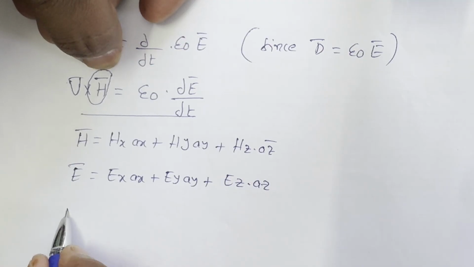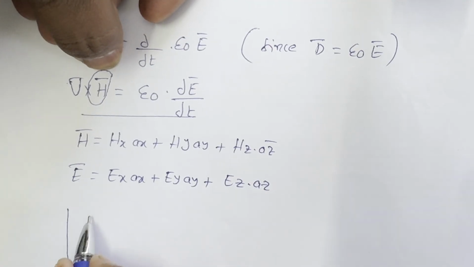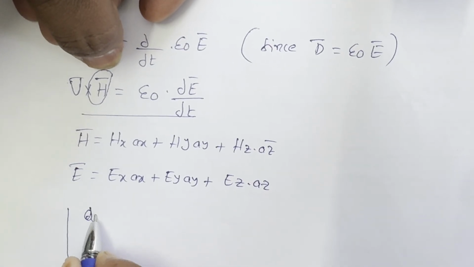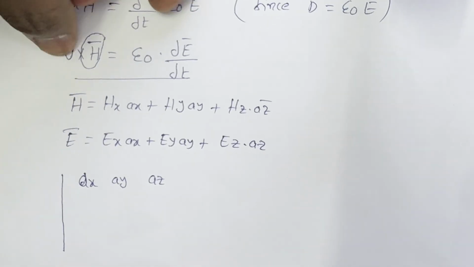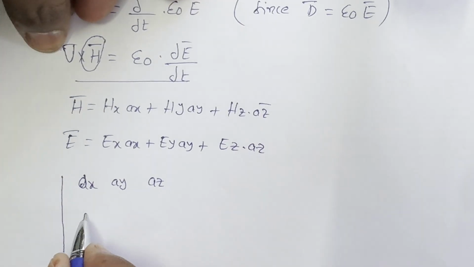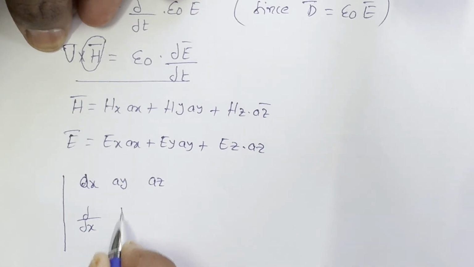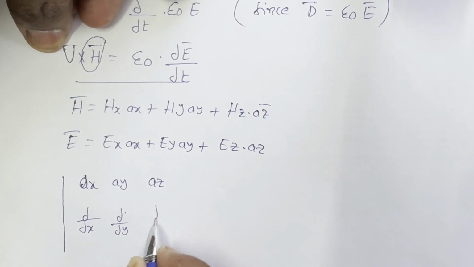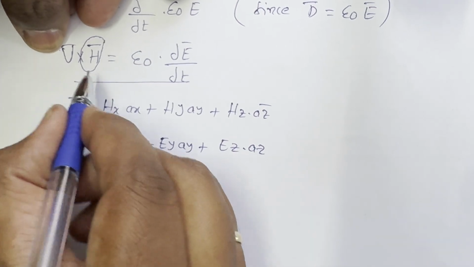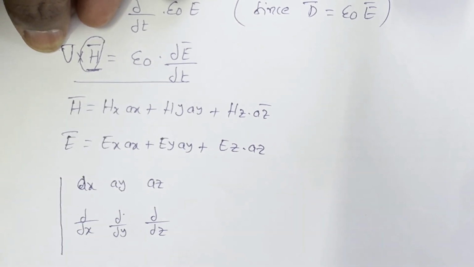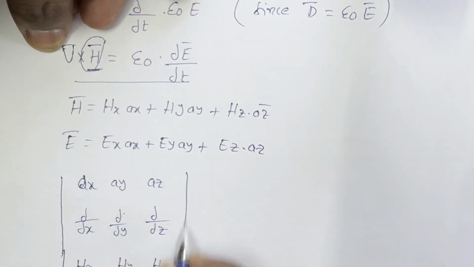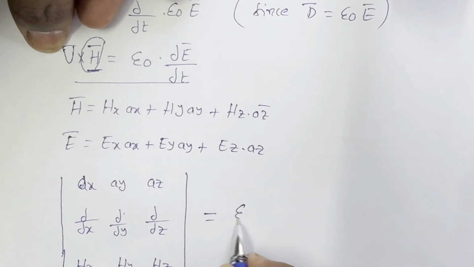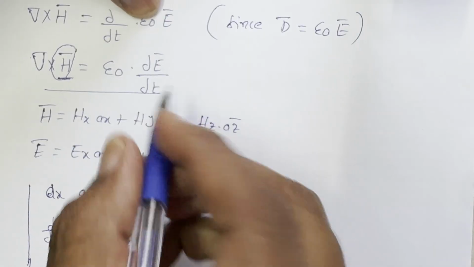By performing the cross product here, first the del row is Ax, Ay, Az, the coordinates. And here the del value is dou by dou x, dou by dou y, dou by dou z. The next row is H bar, with values Hx, Hy, Hz, equal to epsilon naught into E bar.